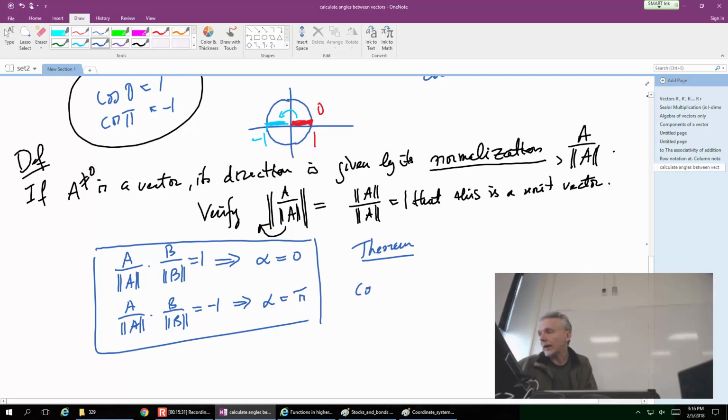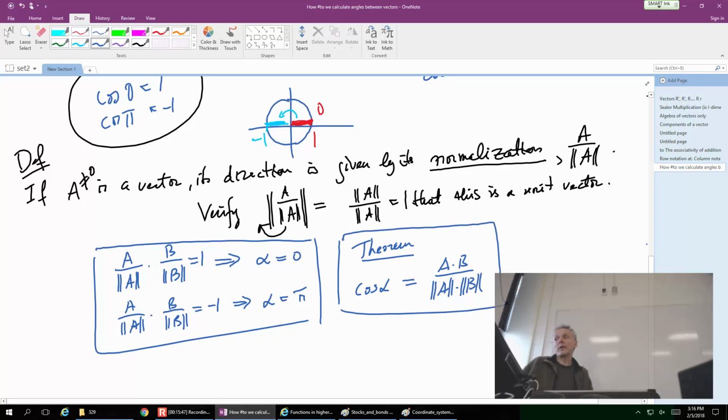So cosine of alpha is A times B divided by the magnitude of A times the magnitude of B. Once again, it is expressed in terms of the components of these two vectors. They could be arbitrary. But the main idea is, of course, it's about multiplication of the components.